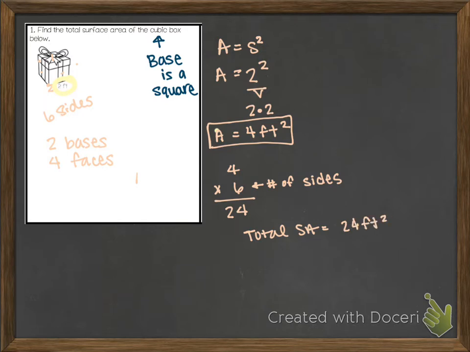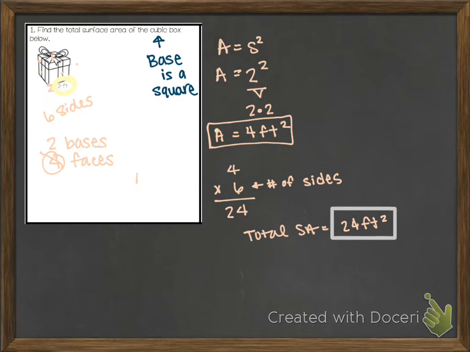Okay, so if I asked for lateral, how many would you multiply here for lateral? 4 times 4, yes, because we wouldn't include the 2 bases, so it would be the 4 faces right here. Okay, good.